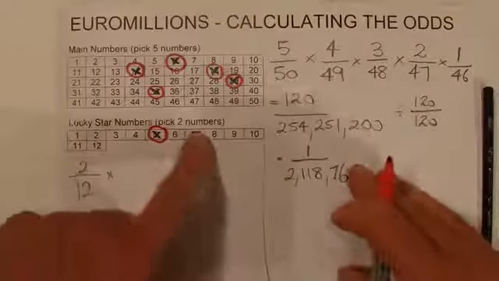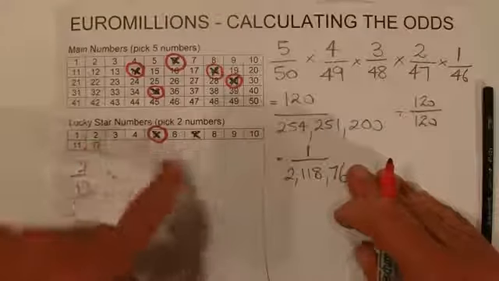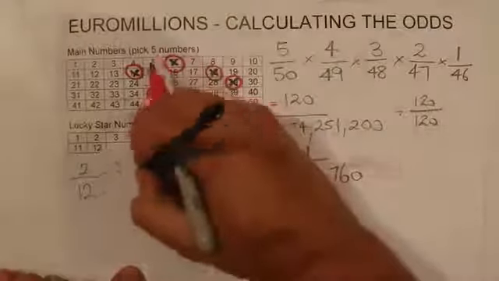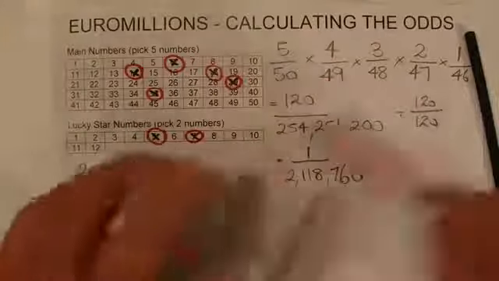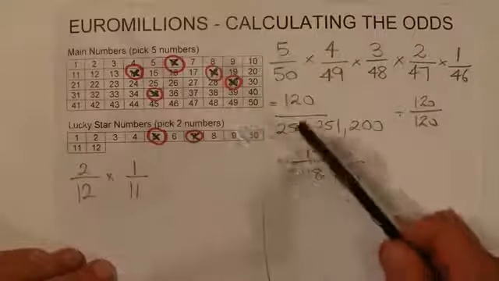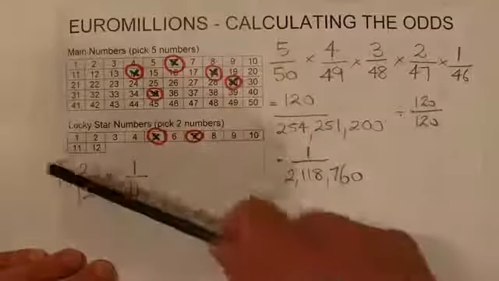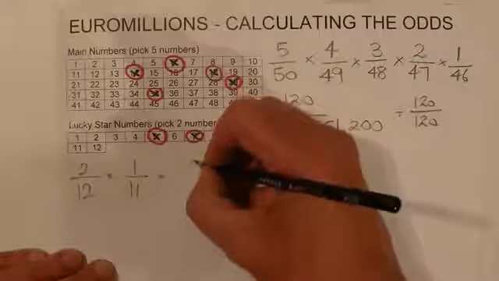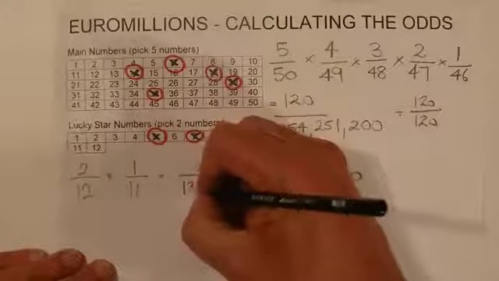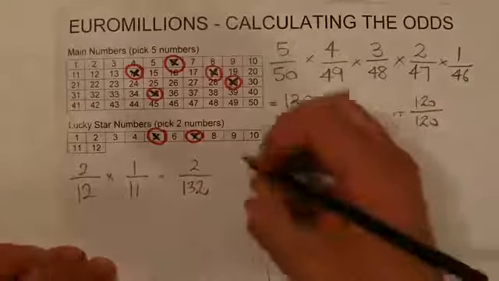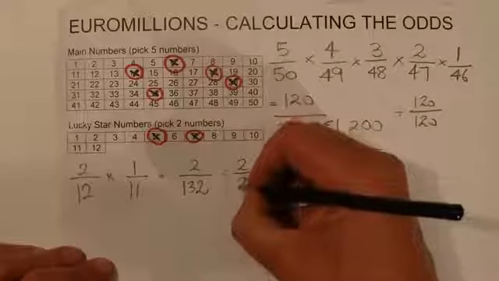When the second ball's drawn, you've got 1 chance left, and there's 11 balls left in the barrel, so it's 1 chance in 11 of correctly selecting that second number. And we just multiply that out. 2 times 1 is 2, and 12 times 11 is 132. Then we simplify that again to make it one chance in a certain amount.